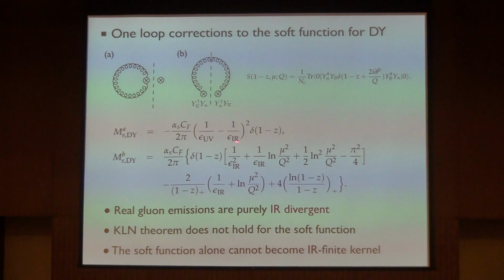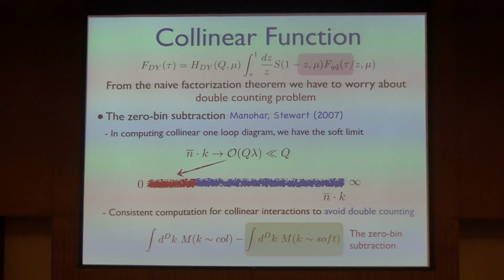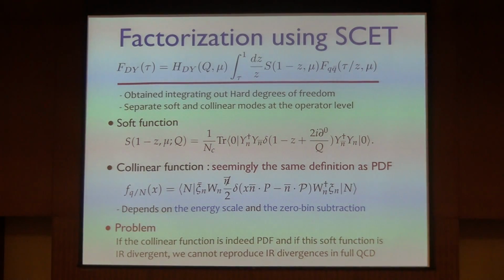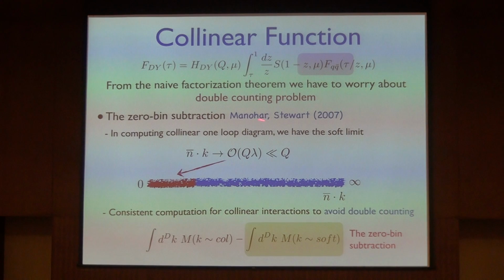This seems problematic. As a result, this result implies that this collinear function would not be the parton distribution function. We have to take this collinear function as somewhat different from the parton distribution functions.